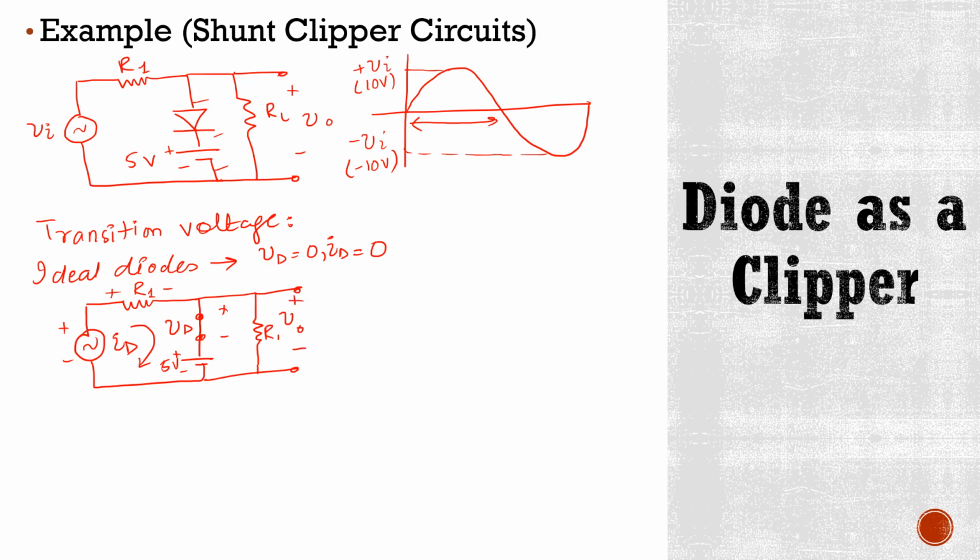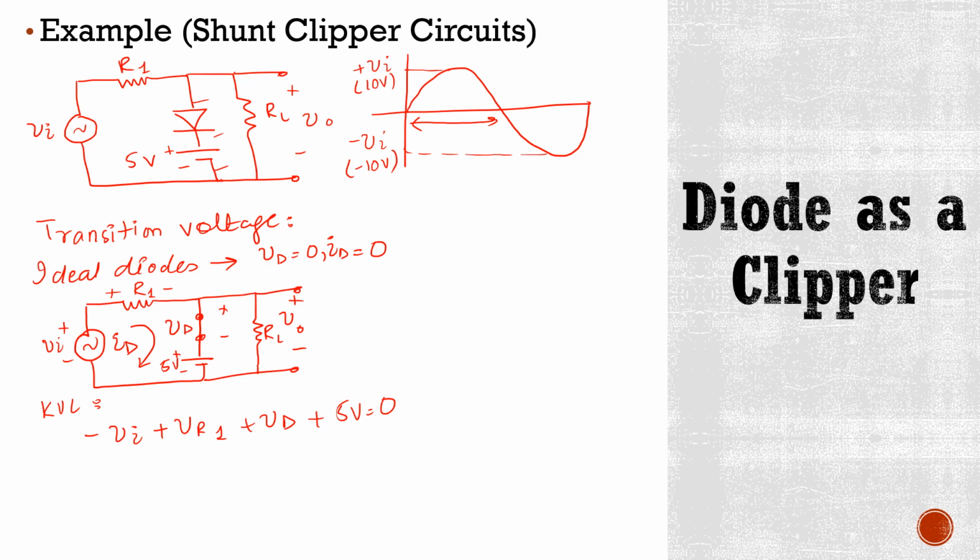Okay, now in this case our KVL equation will be minus Vi plus VR1 plus VD plus 5 volts is equal to 0.